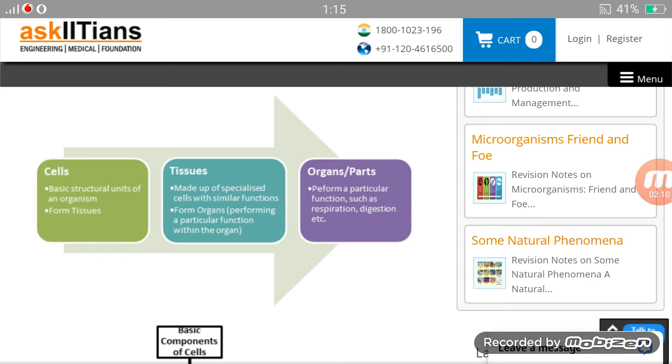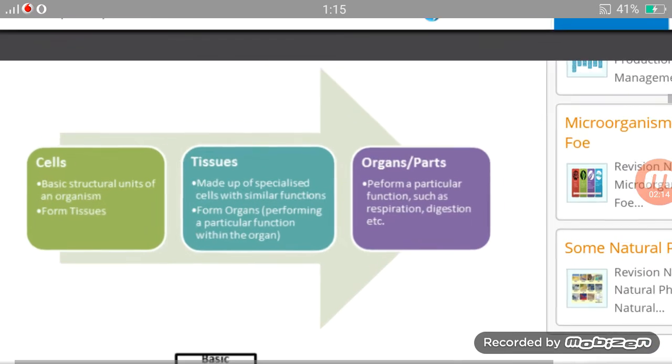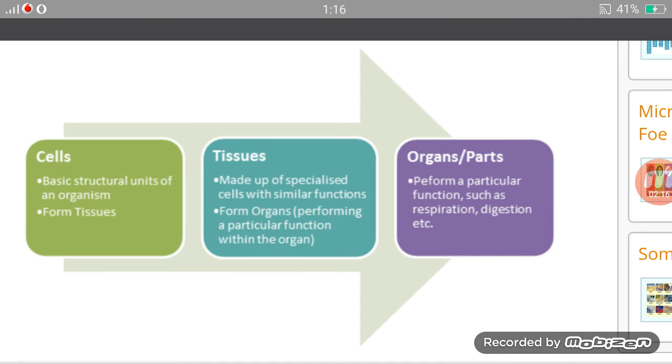Cells, then tissues, then organs, parts. What is written in the cells? Cells are the basic structural units of an organism, and cells form tissues. In tissues: made up of specialized cells with similar functions, and then they form organs.